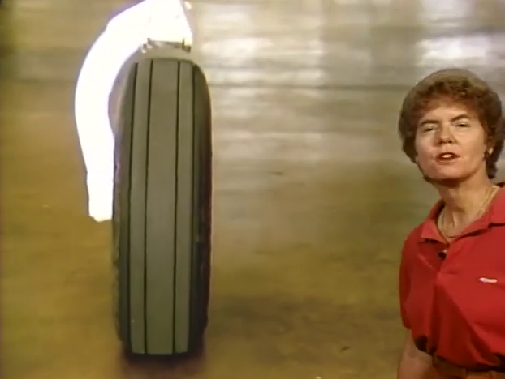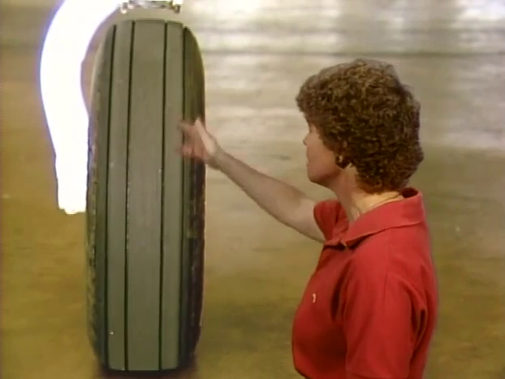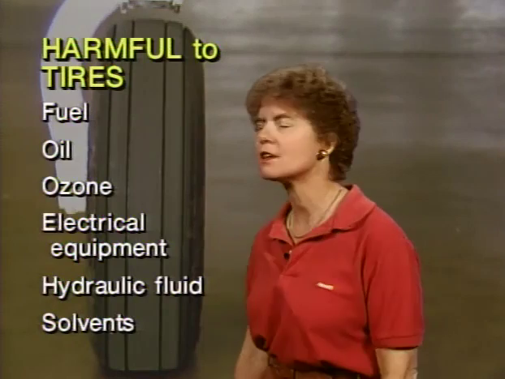Let's assume that you want to minimize the damage or deterioration of an aircraft tire. The FAA will give you a list and say which of these is considered harmful to aircraft tires. And there's a whole bunch of things that are harmful and only a couple of things on the list that are not.